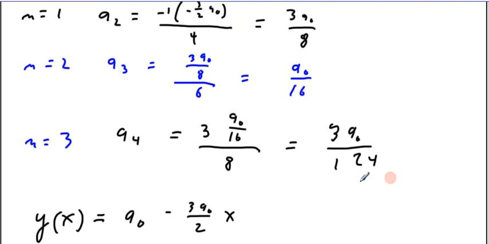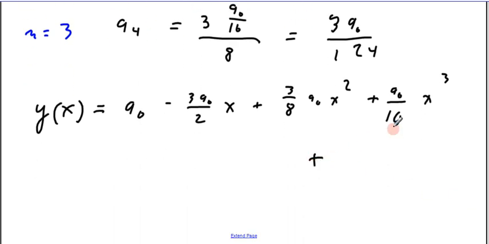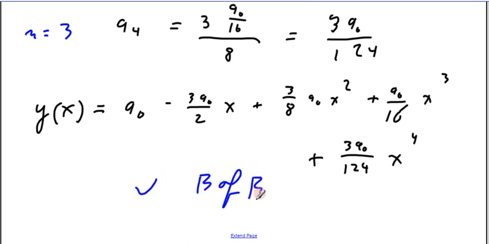And a2 is 3 over 8 a0 x squared plus a0 divided by 16 x cubed plus 3a0 over 128 x to the 4th, and that checks with the back of the book. So we're moving on. All right. So we're going to redo problem number 2.